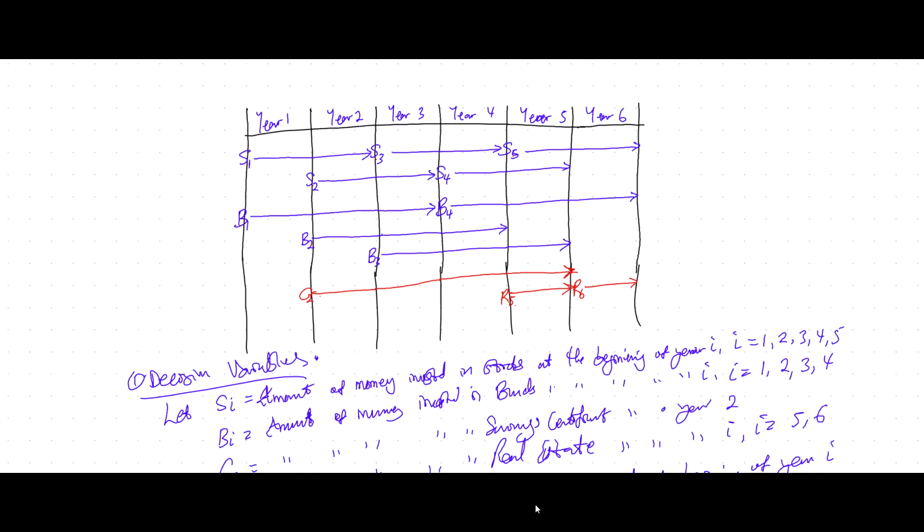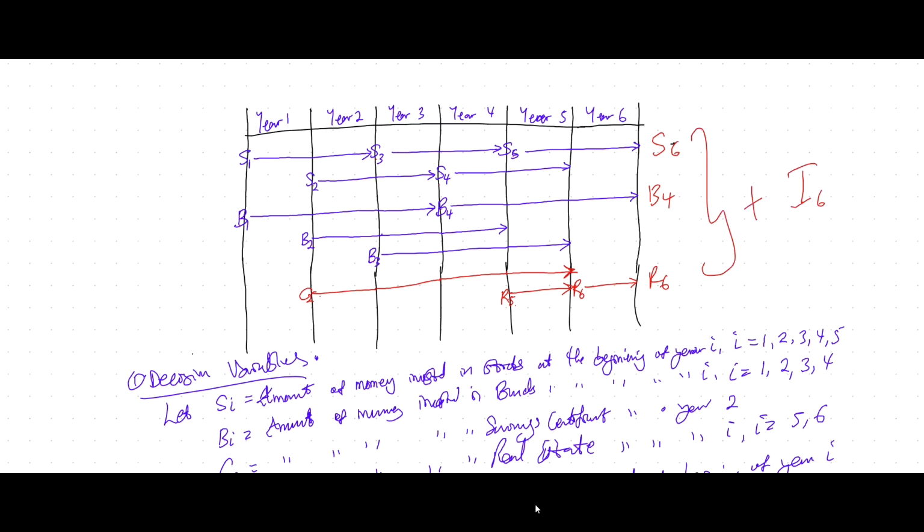Now, at the end of year 6, we have S5, B4, and R6. Then surely these 3 plus the money held idle.